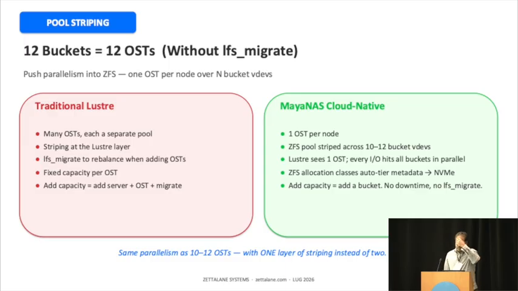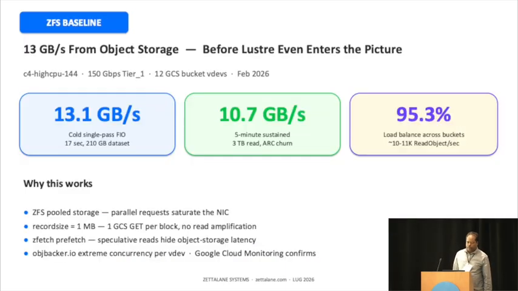So this slide shows the performance you could get out of this particular node. On a GCP C4 with 144 cores with 150 gigabits per second Tier 1, the local ZFS can do about 13 gigabytes per second.